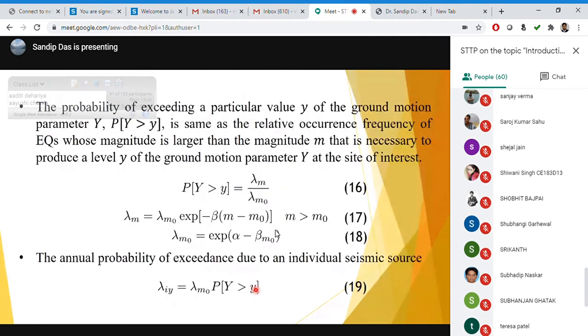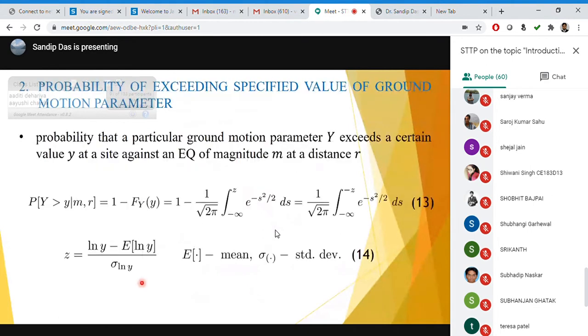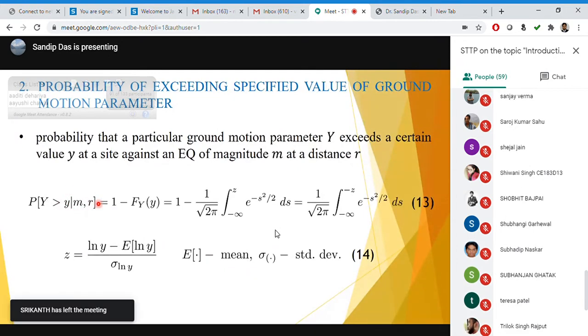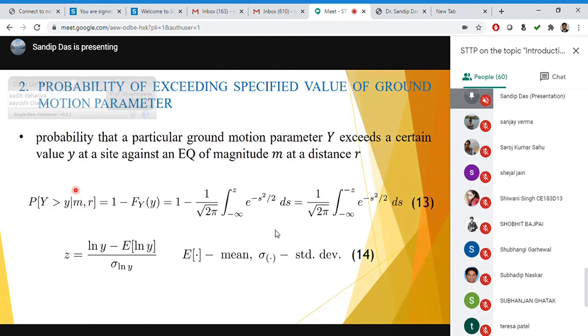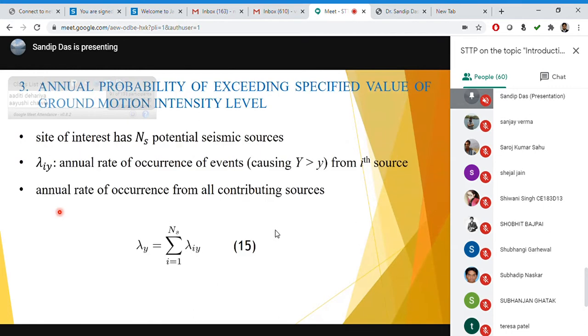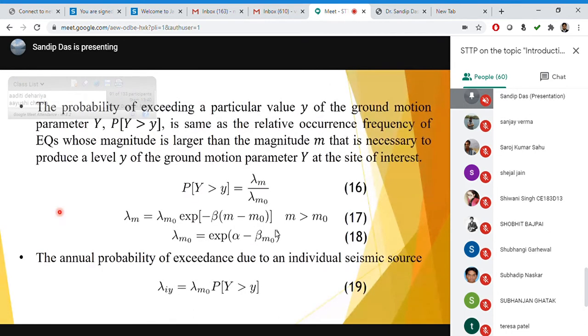That means I now have to consider the probability structure of m and r. That is the conditional probability, right? This given this thing is conditional. So how to get this without the condition? Then you have to consider how m is distributed, how r is distributed. If you use them, then you can get rid of the condition finally and get the probability that Y will exceed a certain value. That will give you the hazard.